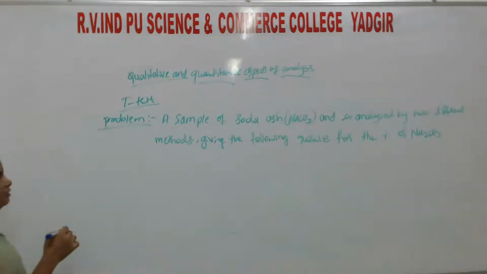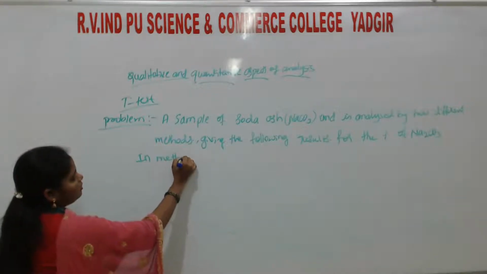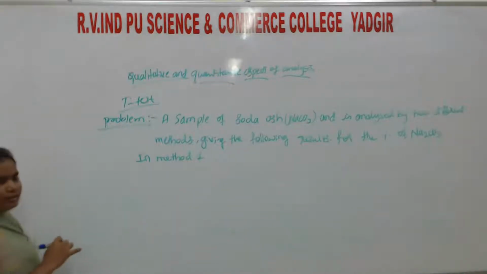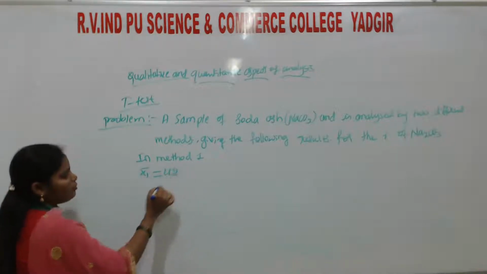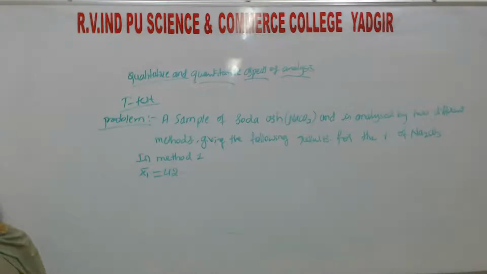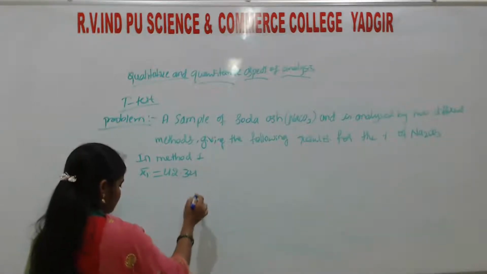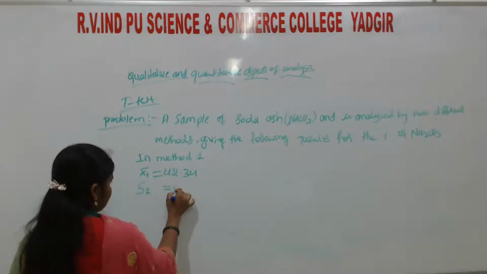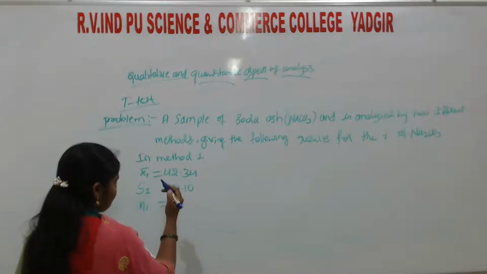In method 1, x1 bar is equal to 42.34, s1 is equal to 0.1, and n1 is equal to 5.